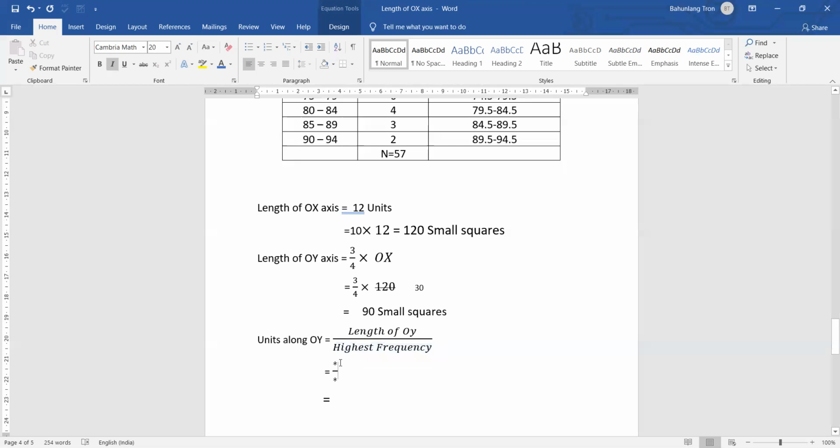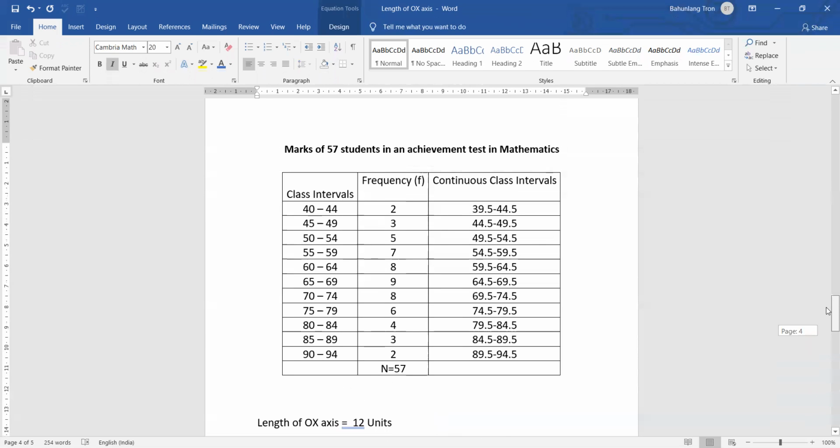So what is the length of OY? Accordingly, it is 90. So we divide by the highest frequency. Let us see what is the highest frequency. 2, 3, 8. So 9 is the highest frequency. Okay, can you see? 9 here is the highest frequency.